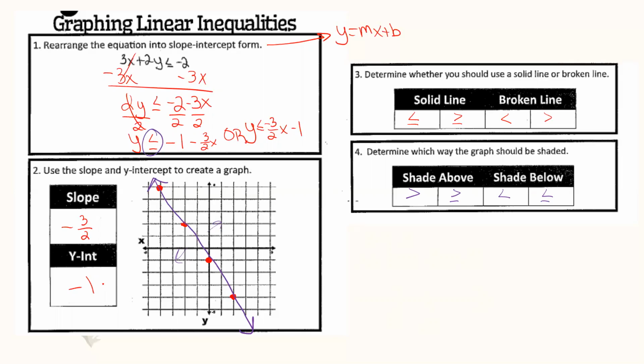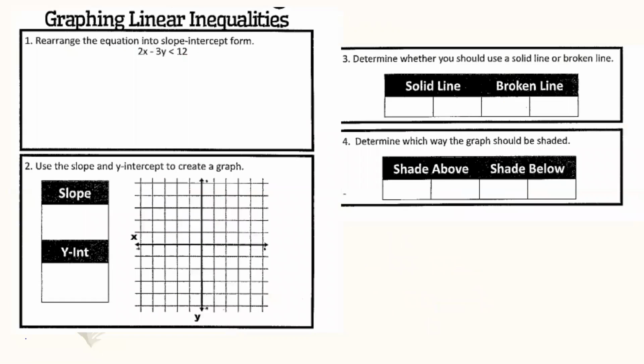Going back to our problem, we had a less than or equal to, meaning we needed to shade below. So everything below our line is going to get shaded in. The reason it's shaded is because everything in this purple area is now considered a solution to our original inequality.